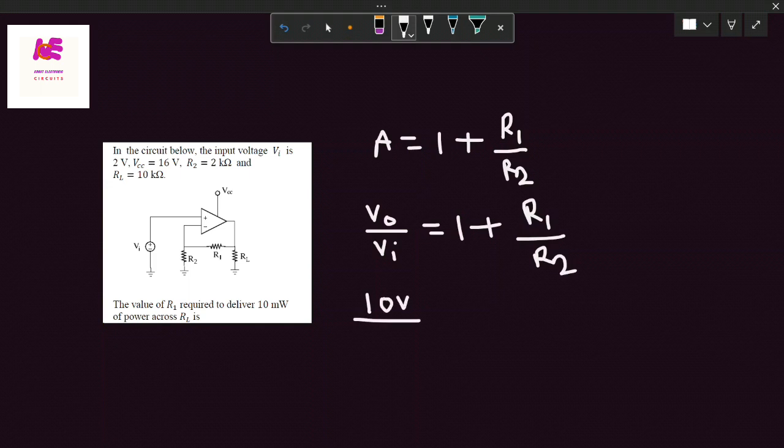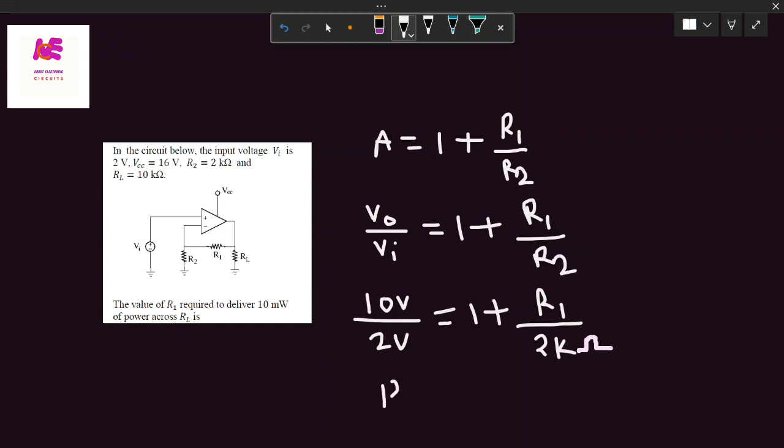The input voltage is given in the problem, which is 2 volt, which is equal to 1 plus, we have to calculate the value of R1, which is asked in the problem, and R2 is given 2 kilo ohm. So R2 is nothing but the input resistance, and which is given 2 kilo ohm.